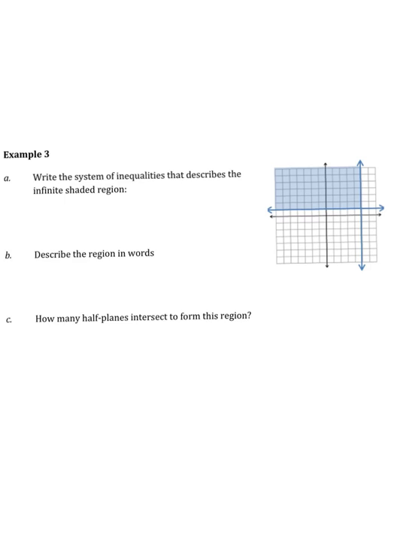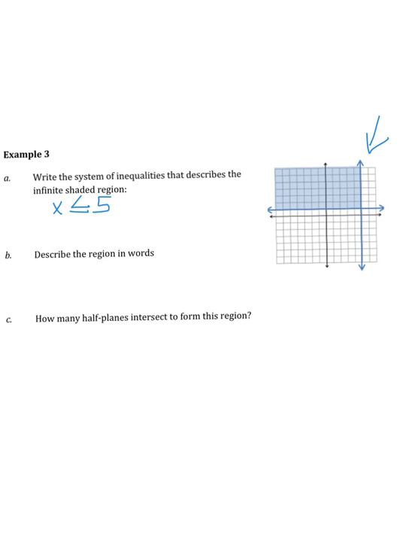Example 3. Part A, write the system of inequalities that describes the infinite shaded regions. So we'll start with this line here. The inequality is going to be represented in terms of x, and all values are less than or equal to 5, where it hits the x-axis at 5.